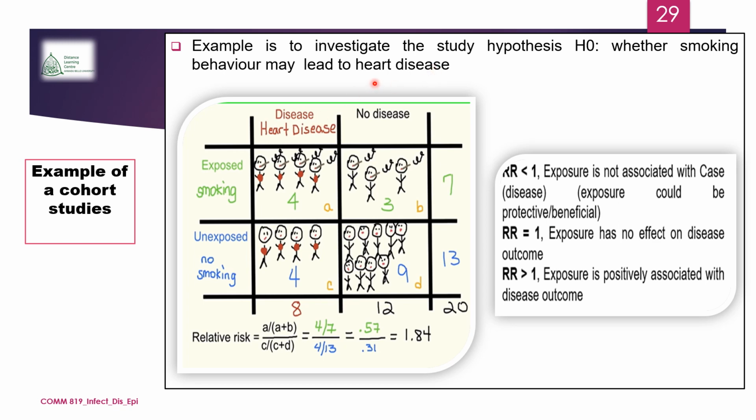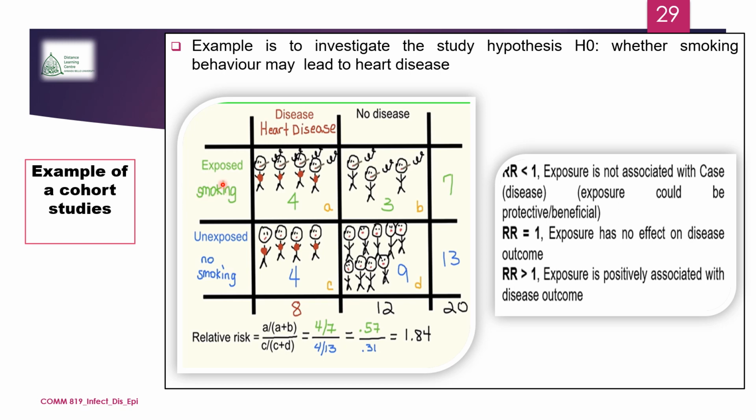It means from the beginning it has not occurred. Due to history of, okay, this is a risk factor, you want to see whether people that smoke will eventually develop heart disease in the future. Okay, so you have the study population, those that are exposed to smoking, and those that are non-disease as a control.